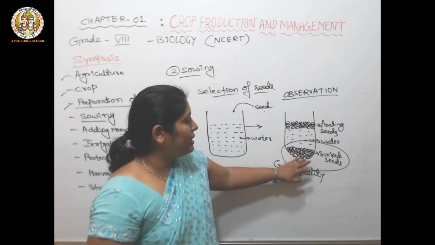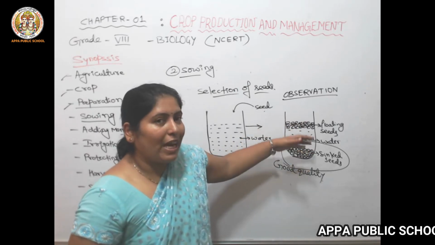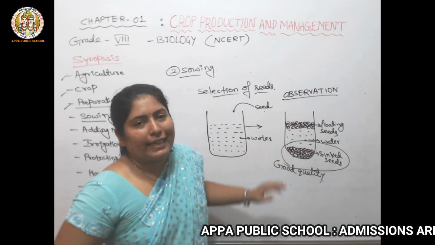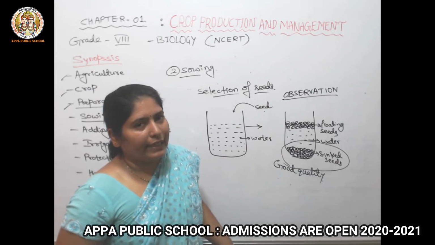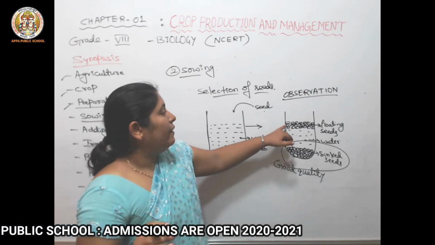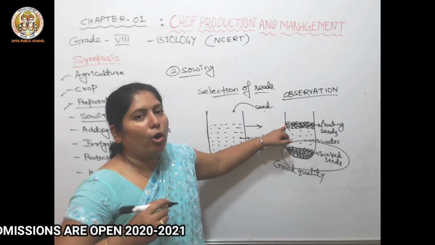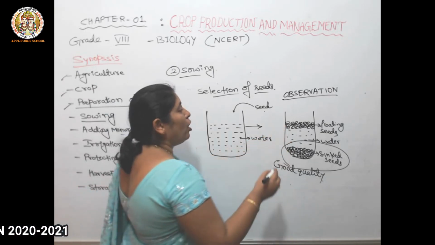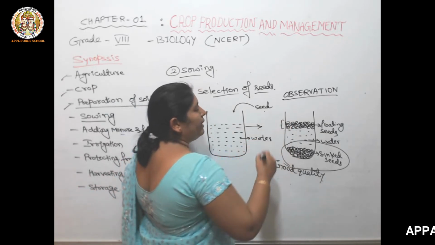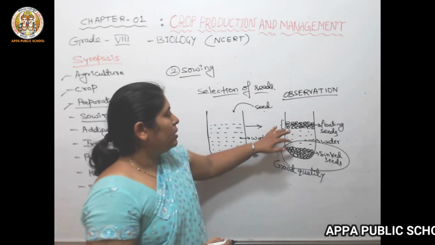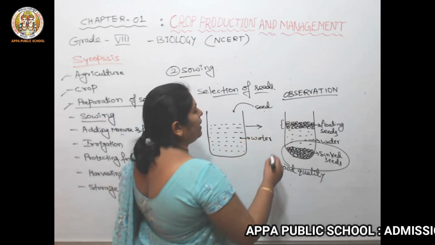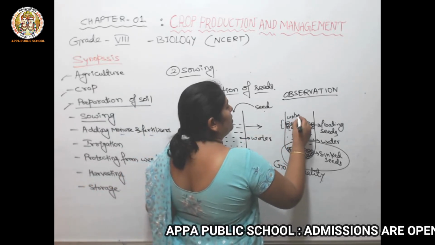Because these are having the mass, and the seeds which are having the mass are definitely going to sink at the bottom of the beaker which is containing the water in it. And the seeds which are porous from inside, hollow inside, which are not having the mass, weight is not present, right? So these seeds are called unhealthy seeds.